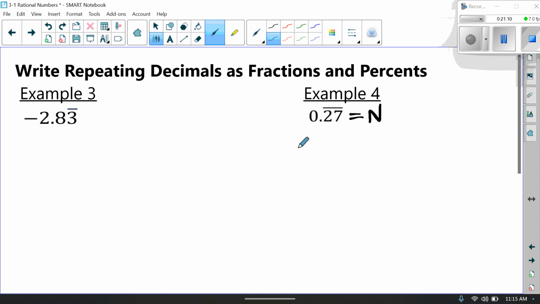We have 100n. And then in your calculator, I would like for you to type in 0.2727227, and then multiply that times 100, because that's what n is, right? What do you get?